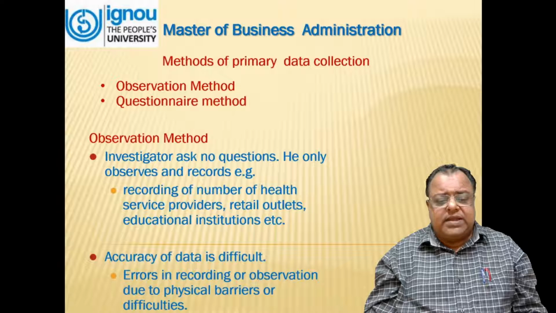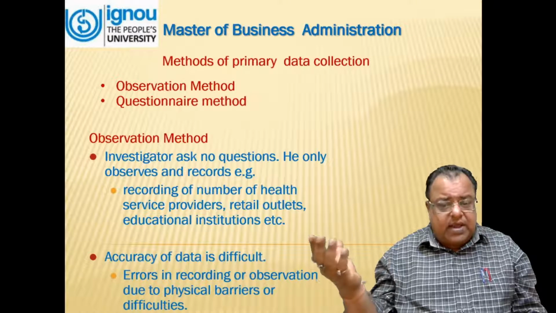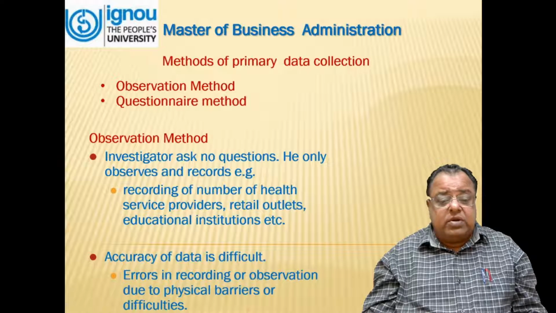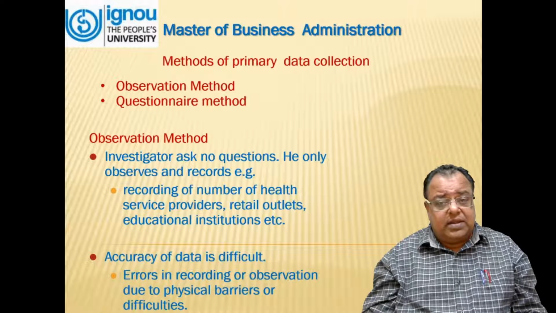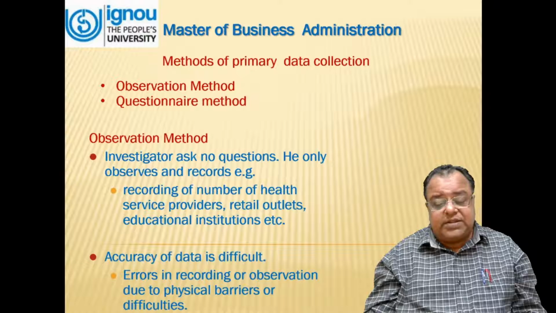For example, recording the number of health service providers, retail outlets, educational institutions, etc. in a locality. Here, the accuracy of data can be a difficult task. There may be an error in recording or observation due to physical barriers.